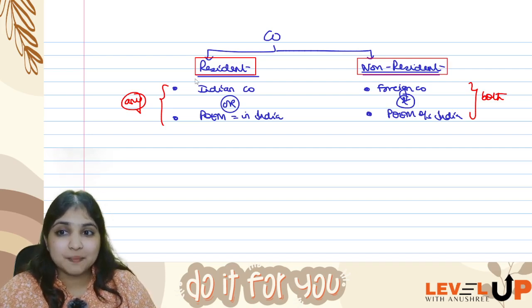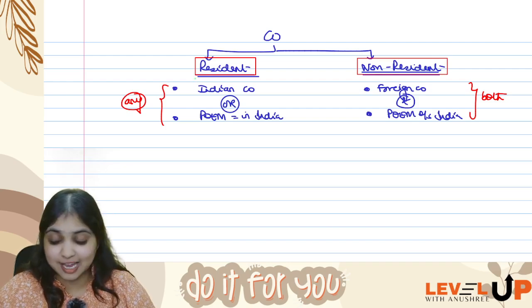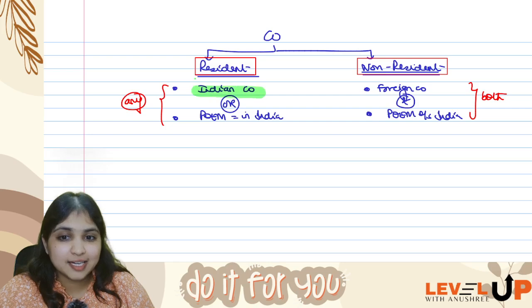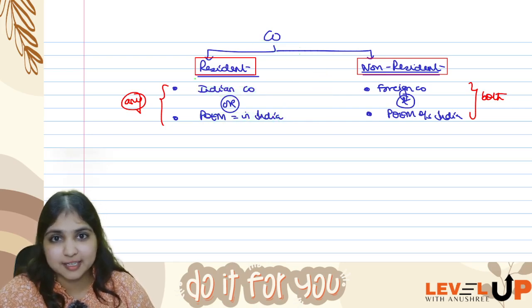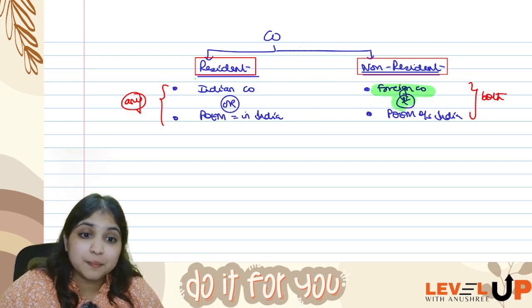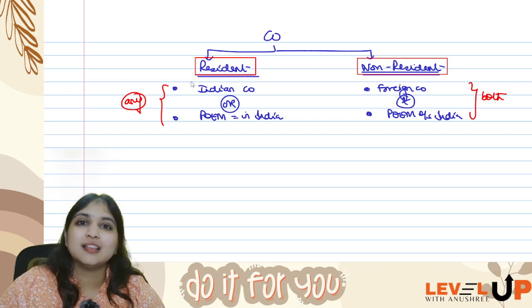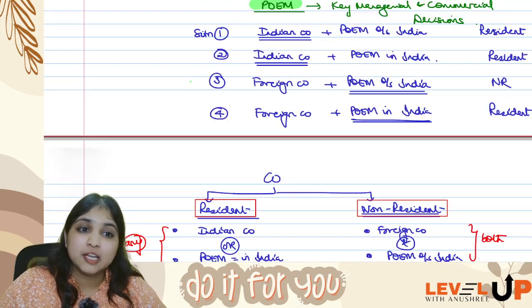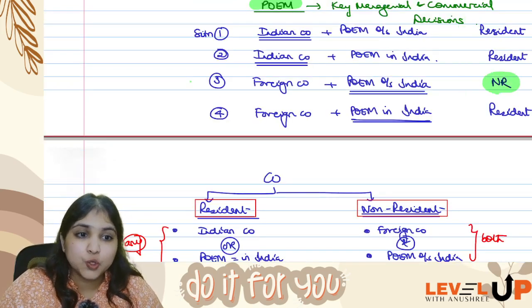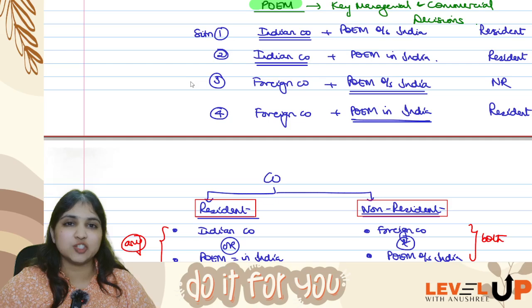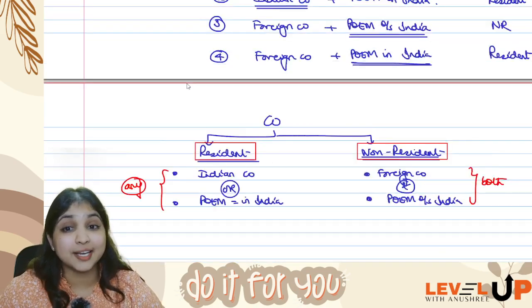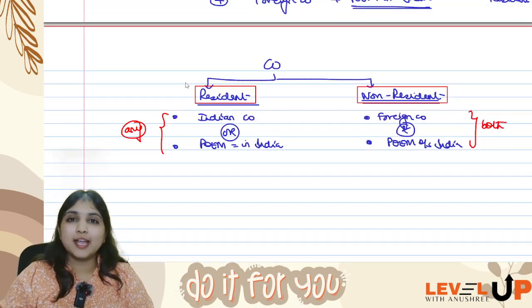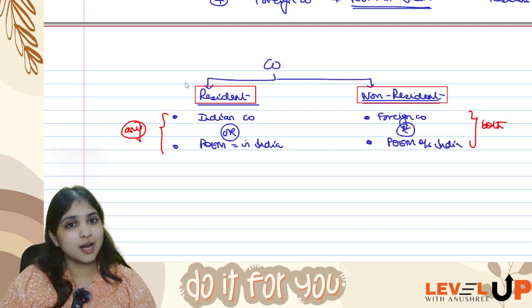See, Indian company, very interesting this is. I hope you're understanding. Indian company or POEM in India, if anyone is fulfilled it will become a resident. If it's a foreign company and POEM is outside India, then only it will be a non-resident, guys. If you see all these combinations, you have non-resident only if it is a foreign company and the place of effective management is outside India. Right? So this is another way of looking at the residential status of a company.